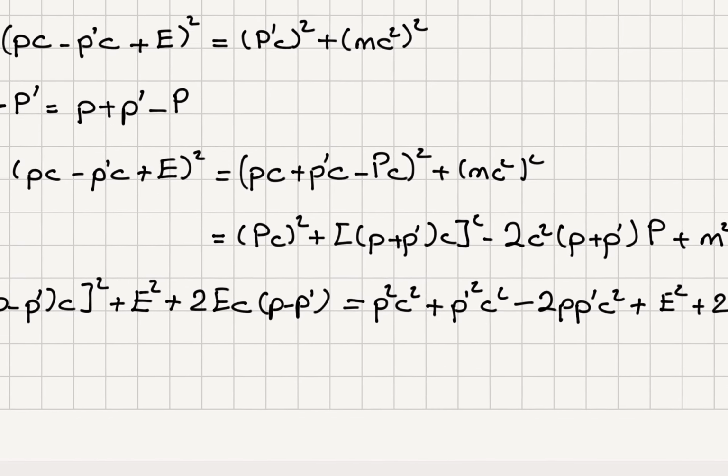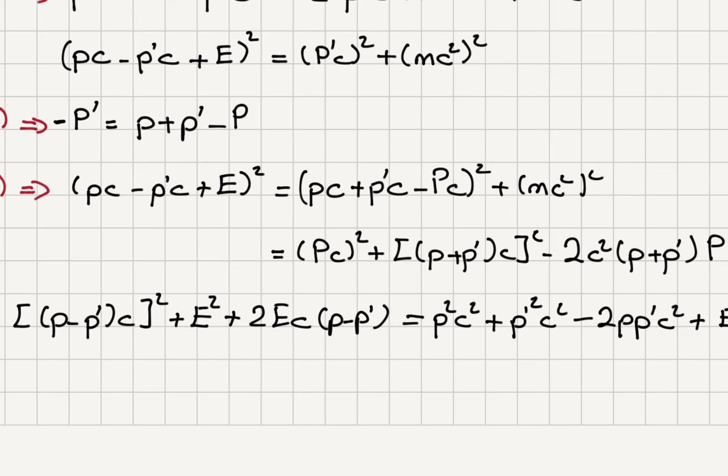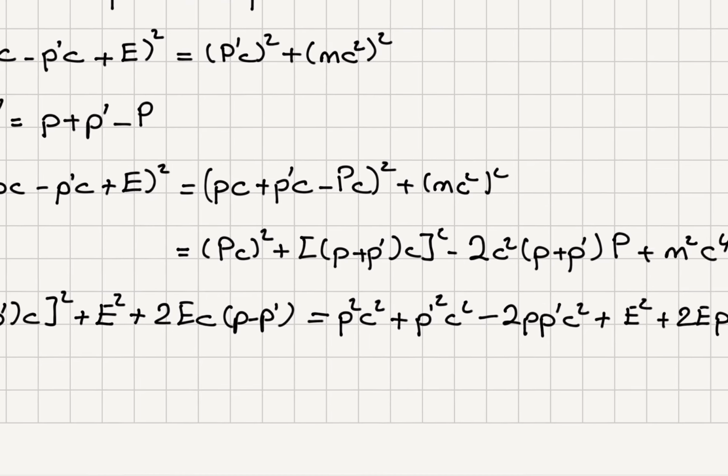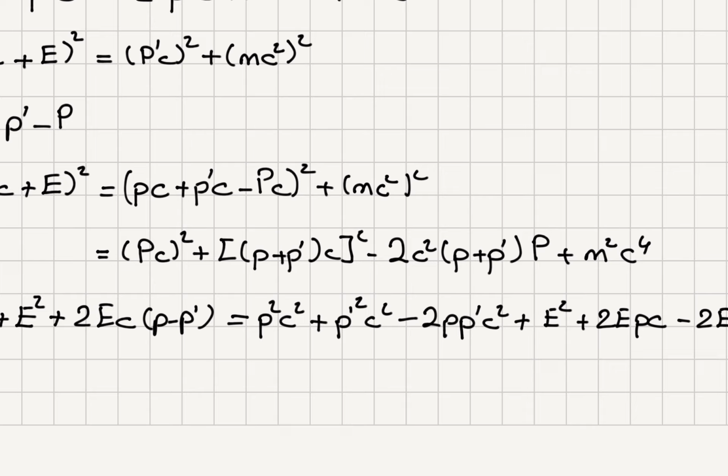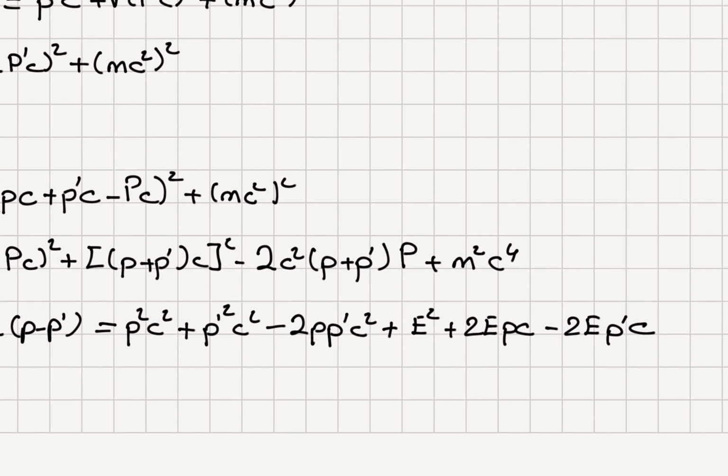So that's basically what I have here: P squared c squared plus 2p prime p prime c squared minus 2p p prime c squared plus e squared plus 2epc minus 2ep prime c. That's the left hand side of this equation.